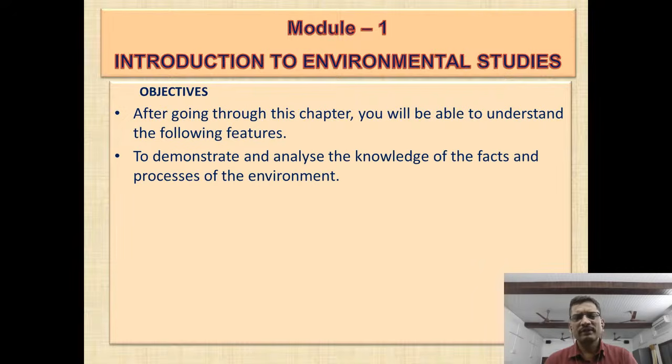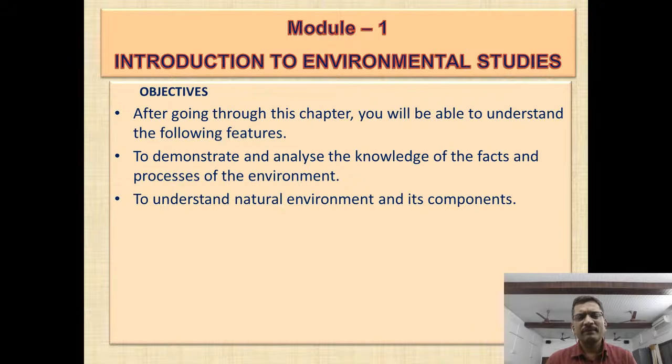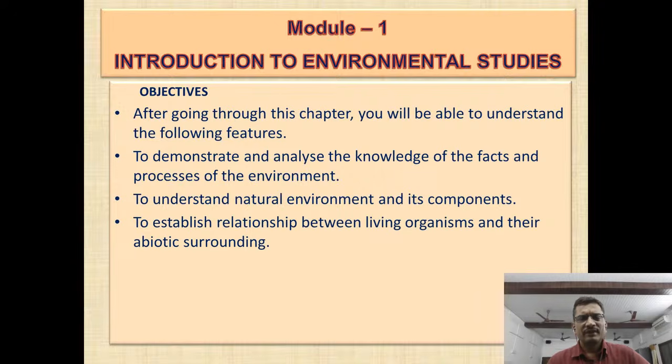Number one, you will be able to demonstrate and analyze knowledge of the facts about the natural environment. We will understand the natural environment and its components. We must establish the relationship between living organisms and their abiotic surroundings.